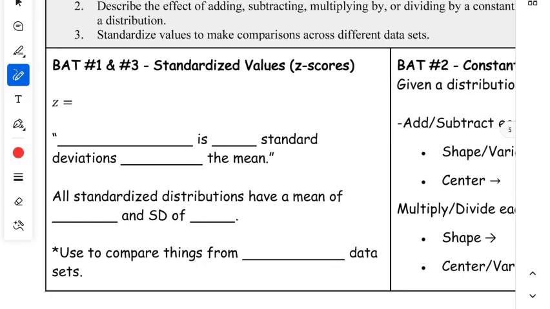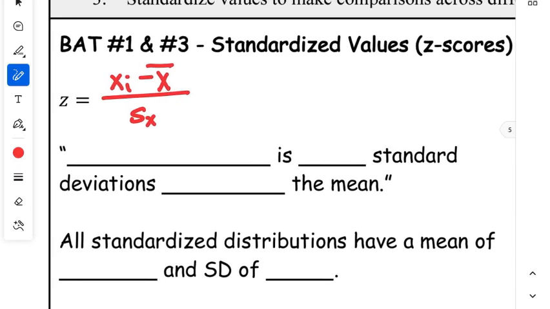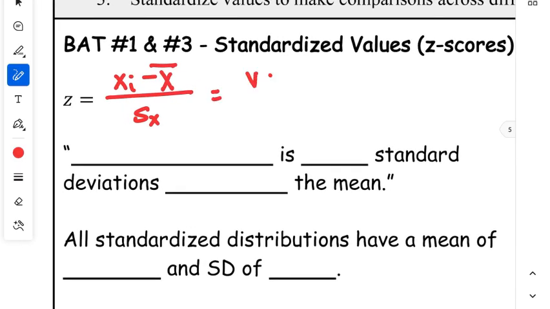All right, so let's review. Standardize the values. So z-scores are found by doing whatever your data value is, x_i, minus x-bar, over standard deviation. So this is the value minus the mean over standard deviation.